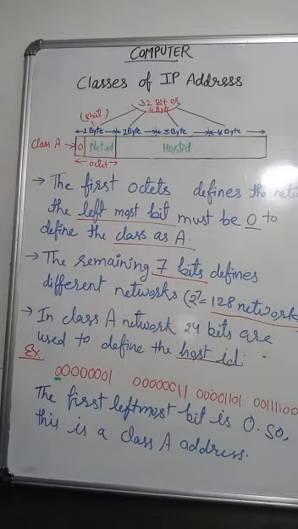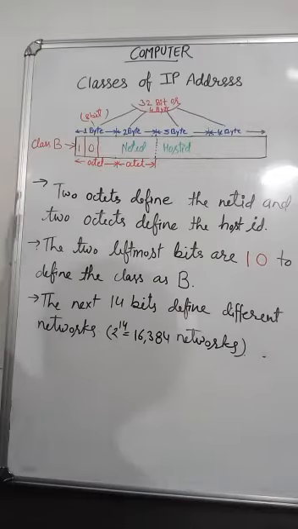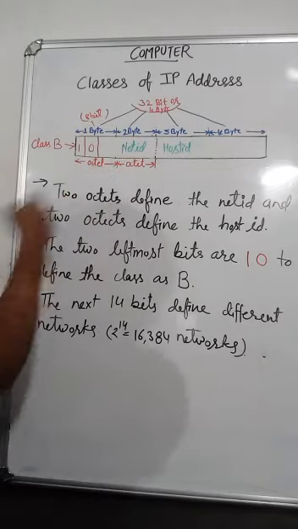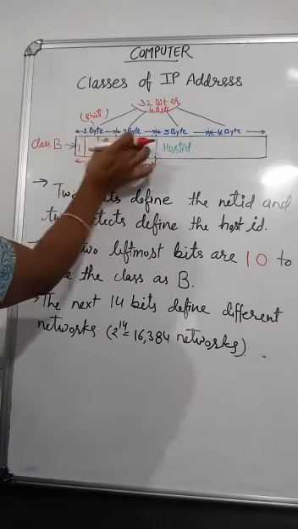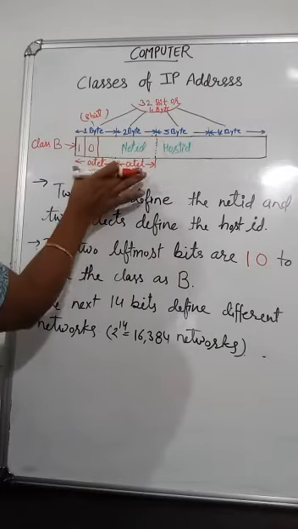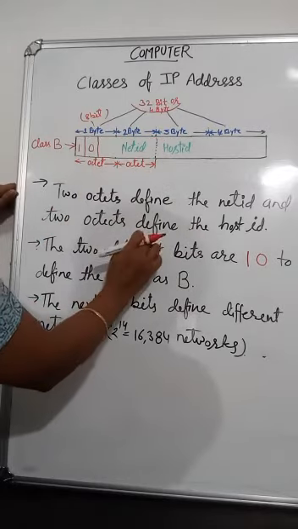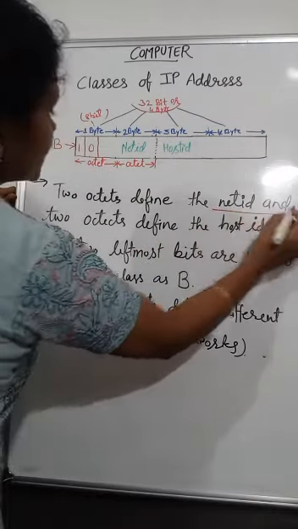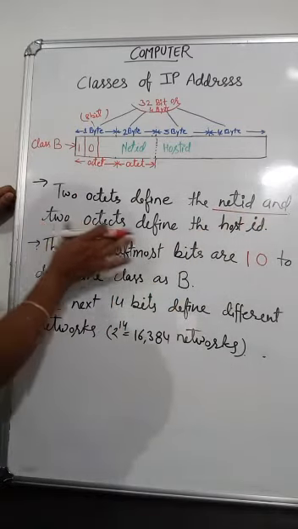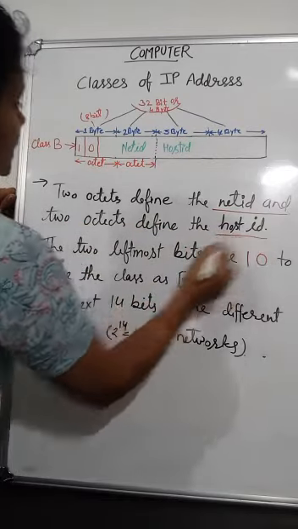Now see class B. Two octets define the net ID, and two octets define the host ID.